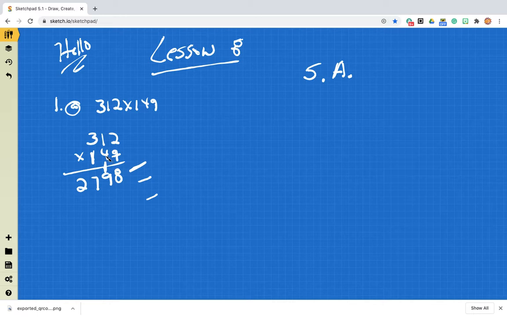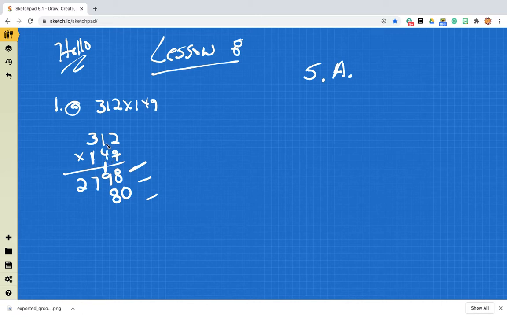Now we're going to multiply the 312 by the 4, or in this case the 4 in the tens place, which is really 40. So 4 tens times 2 is 80. 4 tens times 10 is going to be 400. 4 times 1 is 4, 10 times 10 is 100.